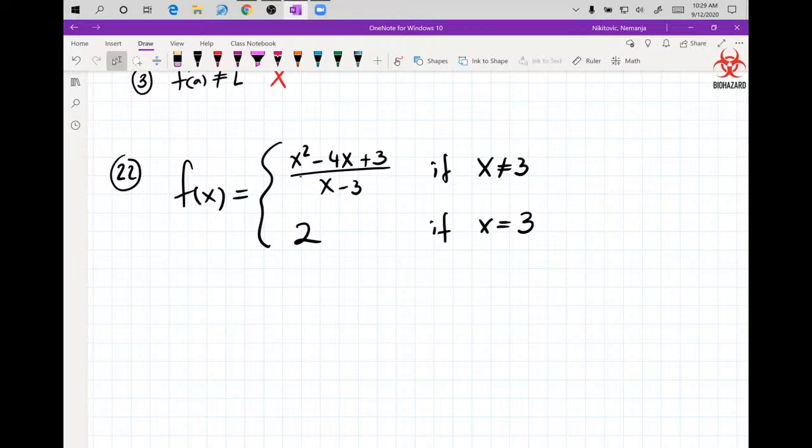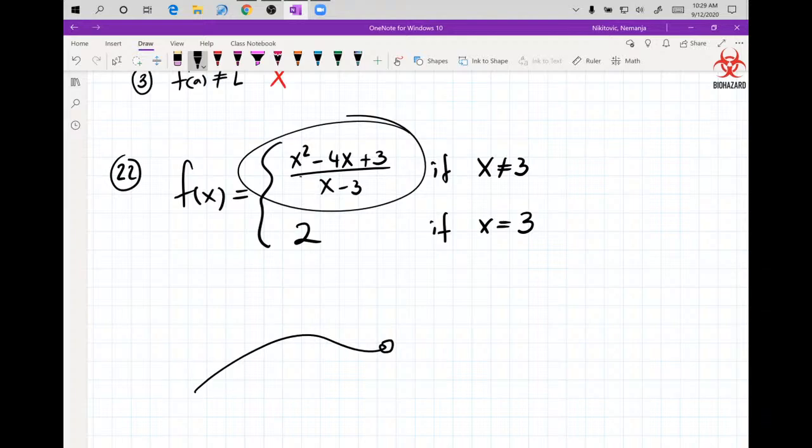Now, before you jump to the conclusion that it's discontinuous, I need you to make this clear in your head. The top function part is going to make something like this. And the bottom is going to make something like this. Now, in some cases, they will be disjoint like this, and in that case, it's discontinuity.